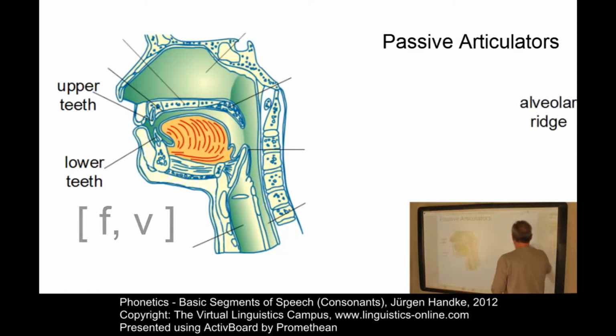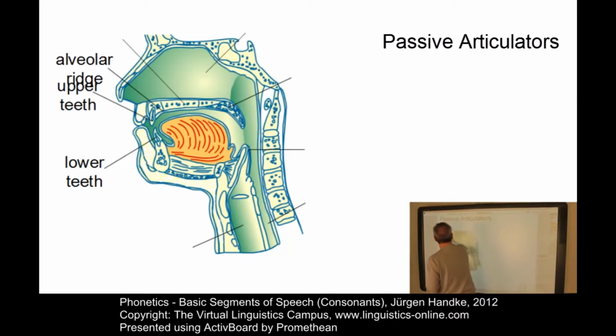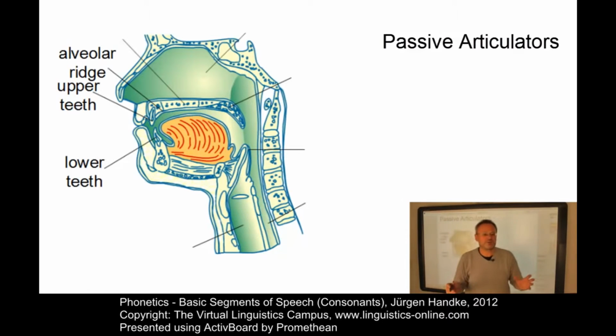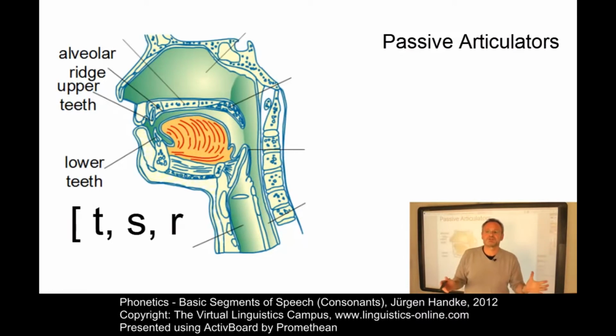Another passive articulator is the alveolar ridge over here. Now, the alveolar ridge is an area for the articulation of many consonants. It is situated just behind the teeth. Typical consonants are ta, sa or ra.